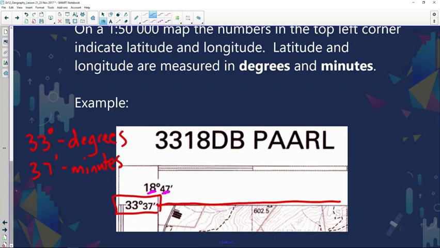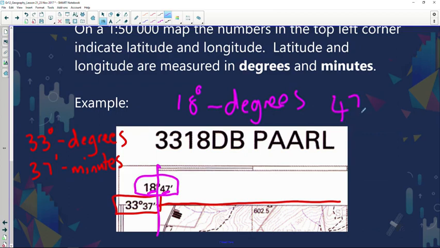And if you look at the lines of longitude, it's the vertical line. 18 is the degrees, and there you can see the minutes is 47 minutes.